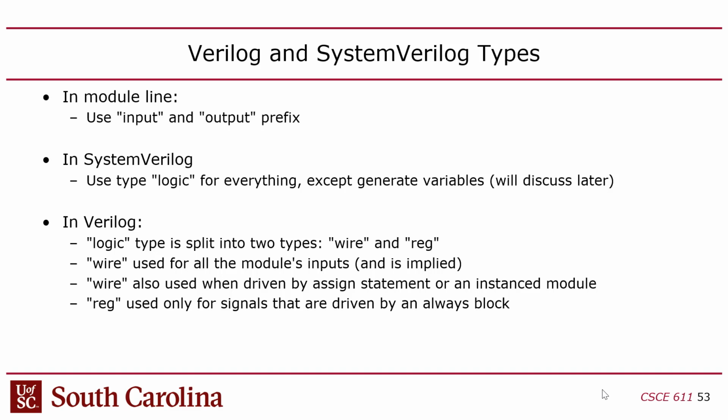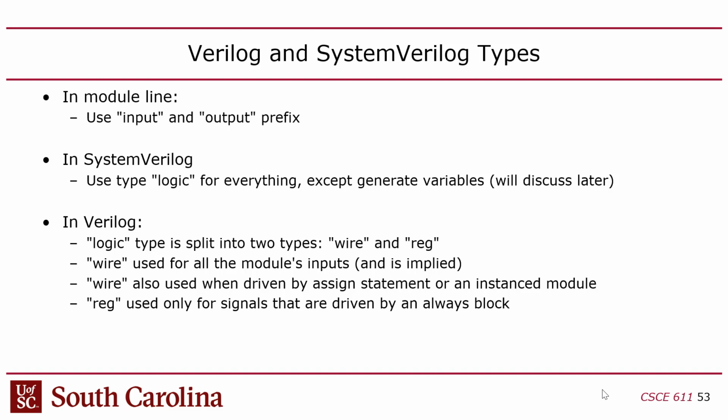Whereas reg is only used for signals that are driven by an always block. Now you might say, what in the world is the difference? I thought you said that an assign block and an always block are basically just translated into a digital logic circuit, right? So what is the difference?